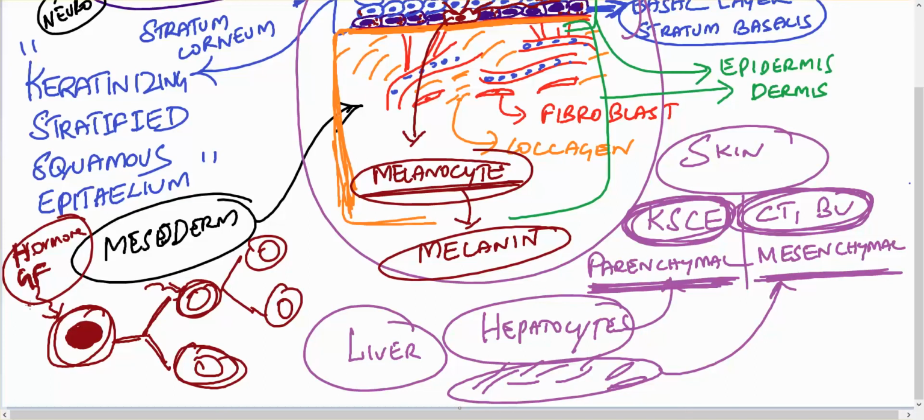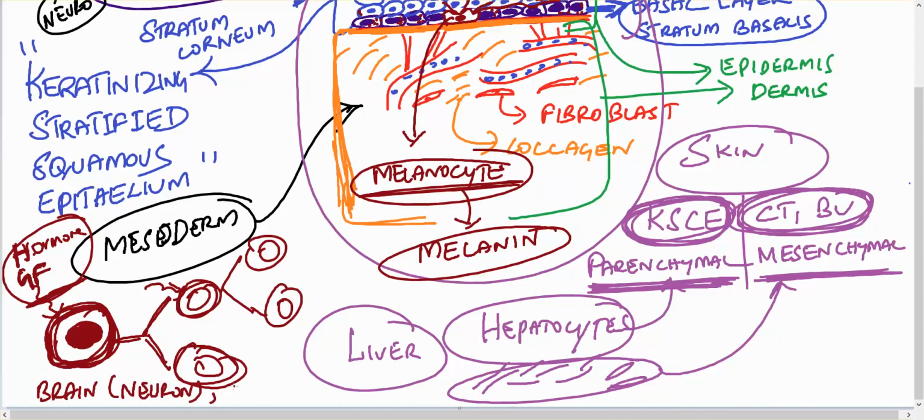Okay, so the cell has to be stimulated, and then the cell should have the capacity to divide. Which means there are some cells in our body which cannot divide. Example, brain cells, neurons.